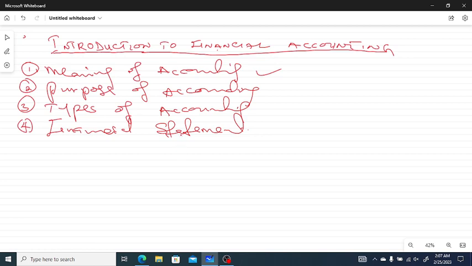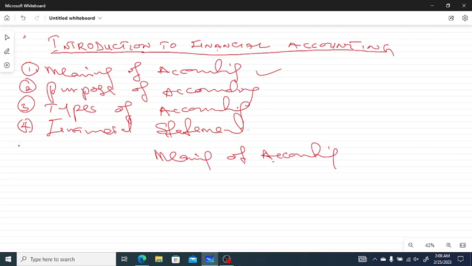It's a systematic process of identifying, recording, measuring, classifying, verifying, summarizing, interpreting, and communicating financial information.